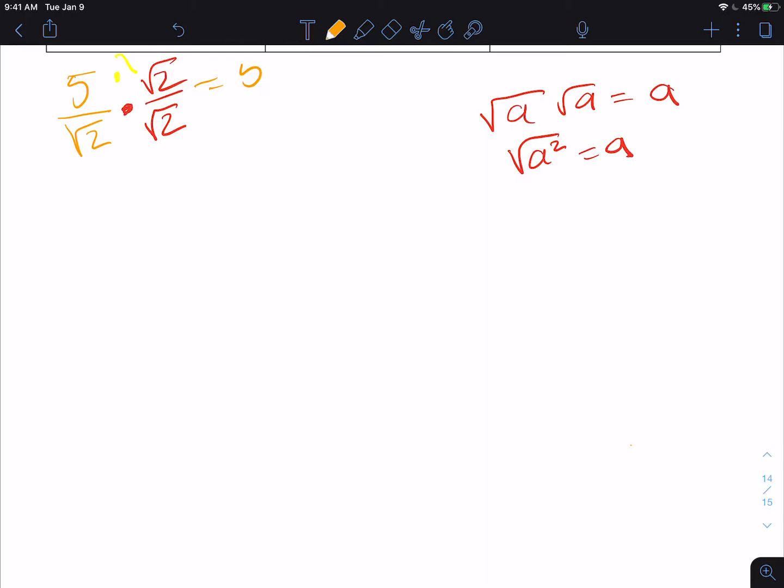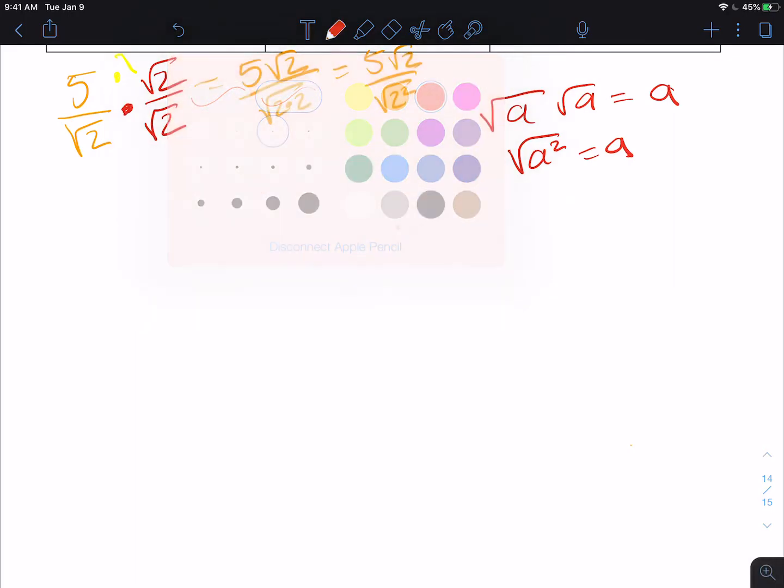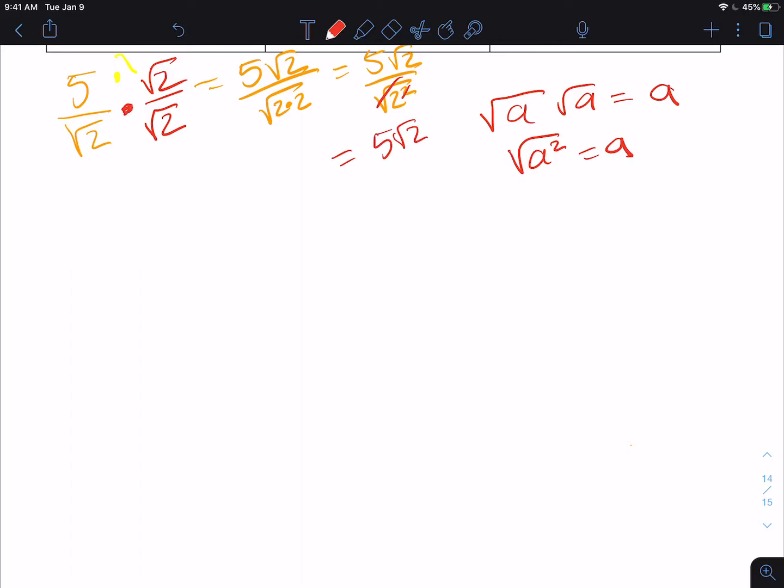So that means that I'm just going to have 5 root 2. On the bottom, this really turns into 2 times 2 underneath the radical, which is really the same thing as the square root of 2 squared, which, remember, the 2 and the root can undo each other, or you can think that root 2 times root 2 is just 2. Either way, you end up getting 5 root 2 over 2.